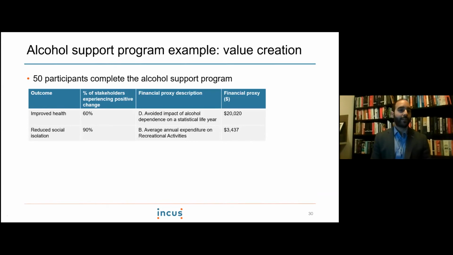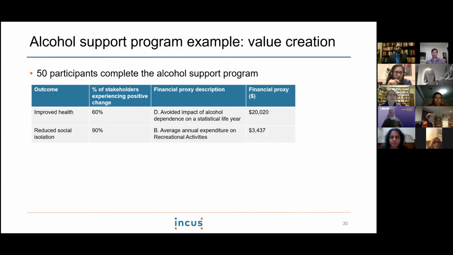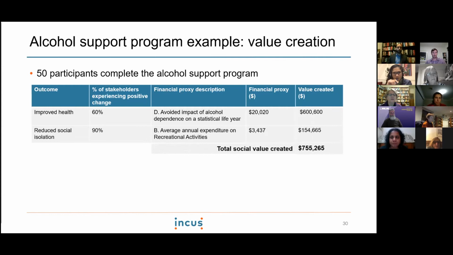I've then collected data that says 60% of them did experience improved health, 90% of them did experience reduced social isolation. I just happened to pick proxy D for health and proxy B for social isolation. I've got some numbers there. I then multiplied that through, and again, in a simplistic way, this program is creating $750,000 worth of social value based on those two outcomes.